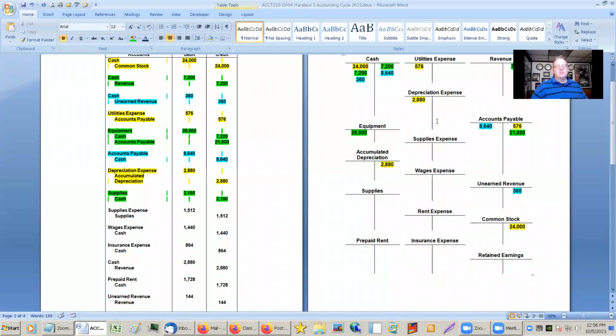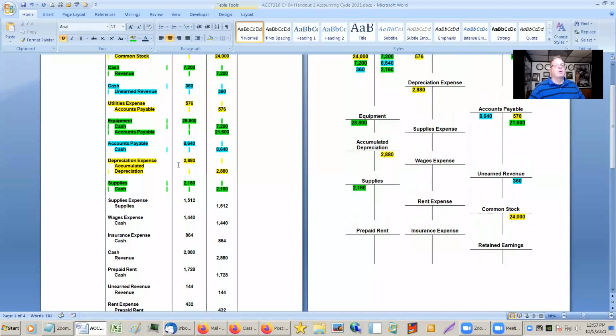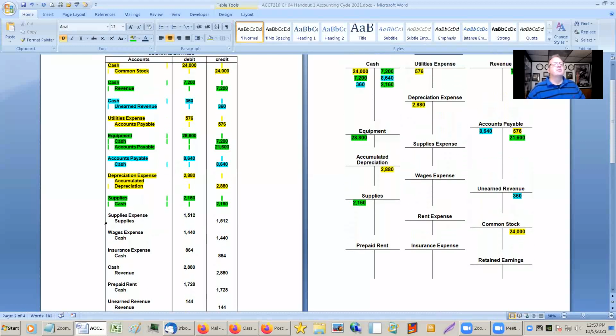Supplies is 2,160. Supplies expense, $1,512.